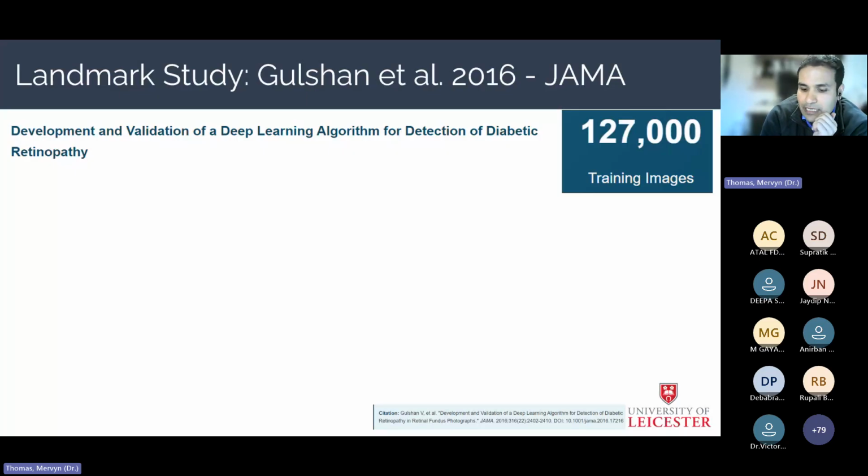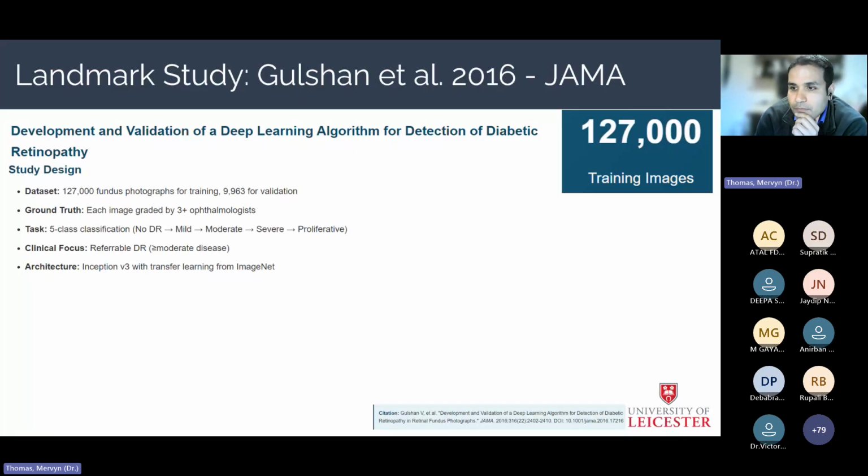They trained this deep learning algorithm using 127,000 images, which was obviously a massive undertaking at the time. Each image was graded by three or more ophthalmologists to create gold standard labels. And the task was essentially a 5-class classification: no diabetic retinopathy, mild, moderate, severe, or proliferative.